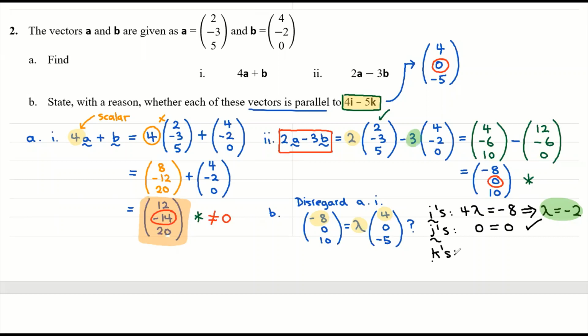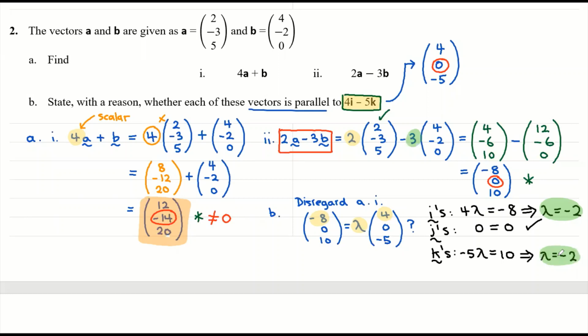So k's. So we've got -5 lambda is equal to 10. So that implies that if I divide by -5, I get lambda is equal to -2. So again, we've just shown that it is indeed parallel. Okay, we've got the value of lambda is equal to -2.